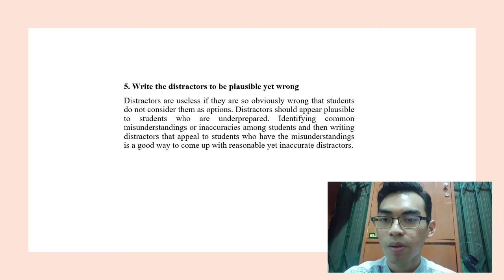Identifying common misunderstandings or inaccuracies among students, and then writing distractors that appeal to students who have those misunderstandings, is a good way to come up with reasonable yet inaccurate distractors.